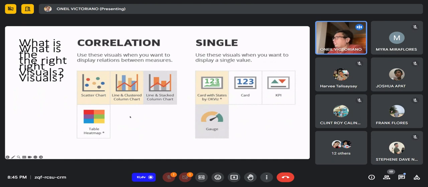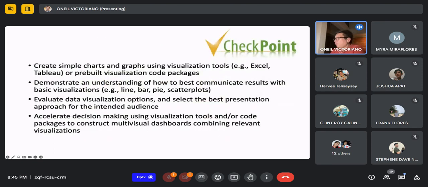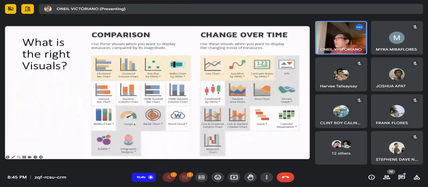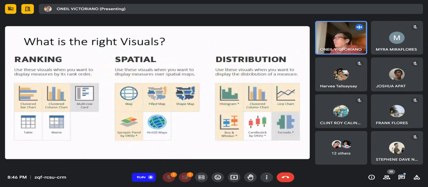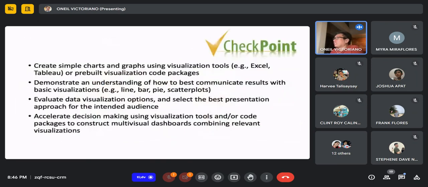How about correlations? Scatter chart, because these are points, and some single items like cards, KPIs, gauge, etc. So these are the different visuals to go into comparison, change over time, part of a whole, spatial, ranking, distribution, correlation, single.